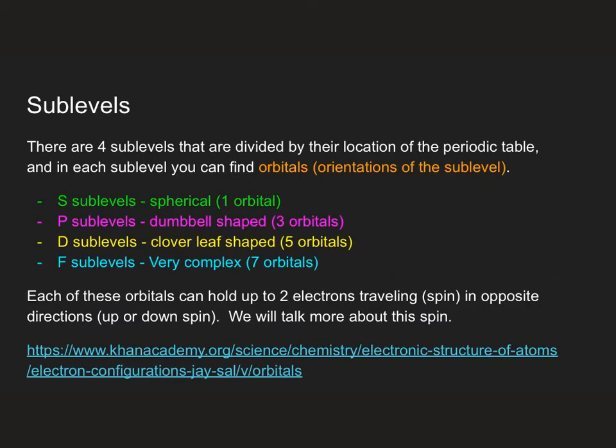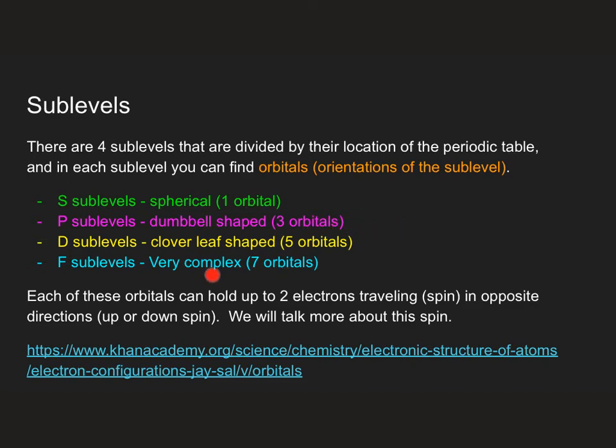Okay, so let's take a look at a quick overview of the 4 sublevels we have. So there's 4 types of sublevels, but each one might have different amounts of those sublevel orbitals in them, okay? So first up is the S sublevel, which is spherical. It's most common, and it only has one possible orbital for that spherical thing. Next is the P sublevel. It's dumbbell shaped, and it can have 3 possible orientations.